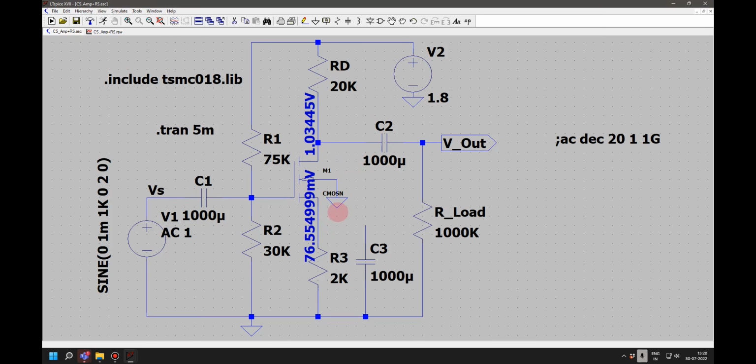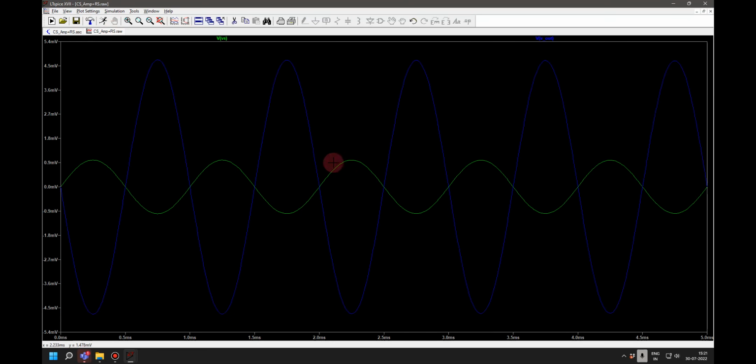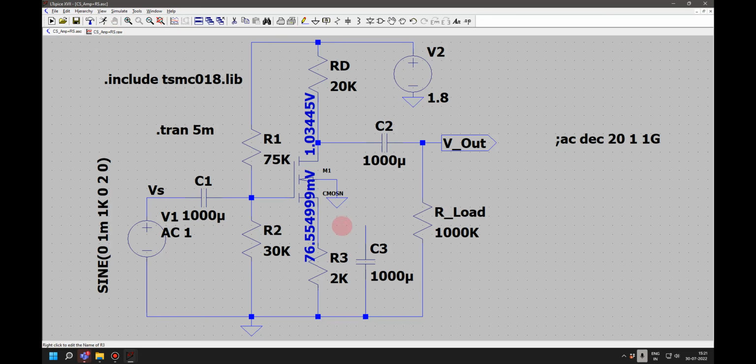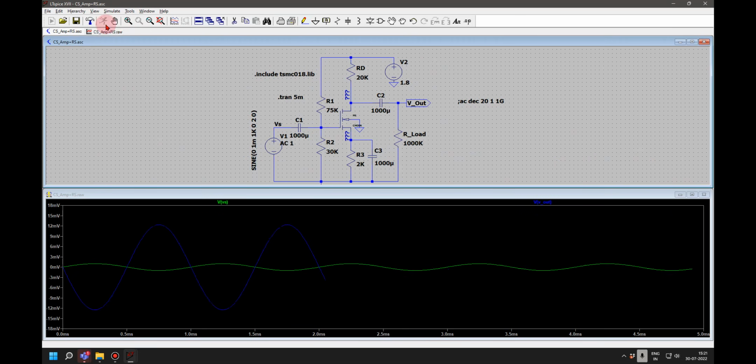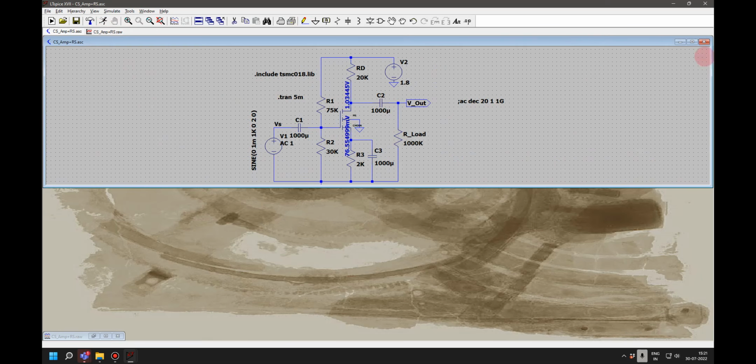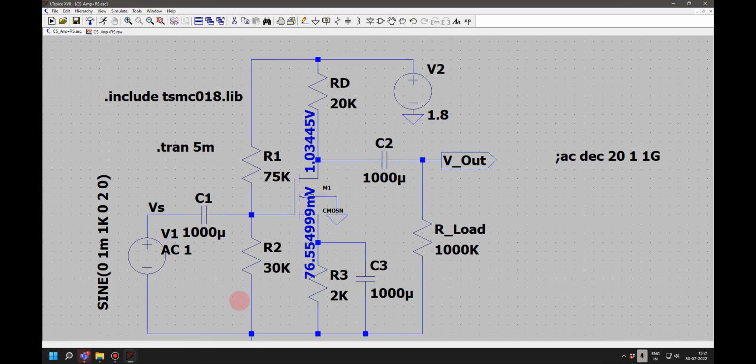So it is giving slightly less, but it should give 10 theoretically. We found that RD divided by RS was an approximate value, not considering r0 and other effects. So you will find that gain is reduced significantly on removing this capacitance. If I put back this capacitance and run it, I will get a large gain. Is this clear to all of you?